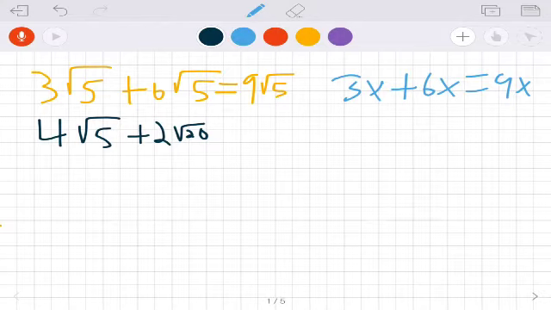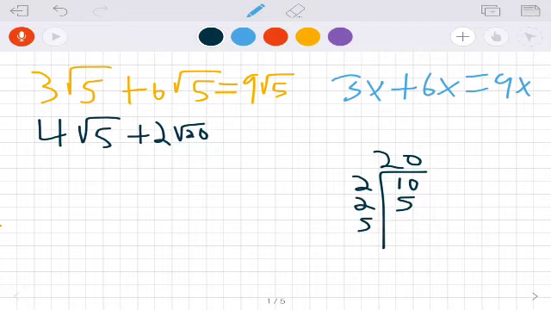What we can do is take the square root of 20 and factor it down. 20 can be divided by 2, giving us 10. 10 can be divided by 2, giving us 5, and 5. So the square root of 20 equals the square root of 2 times 2 times the square root of 5.